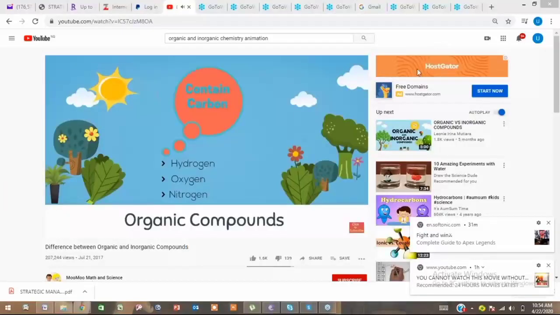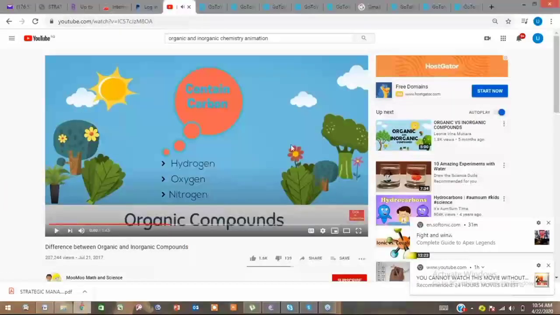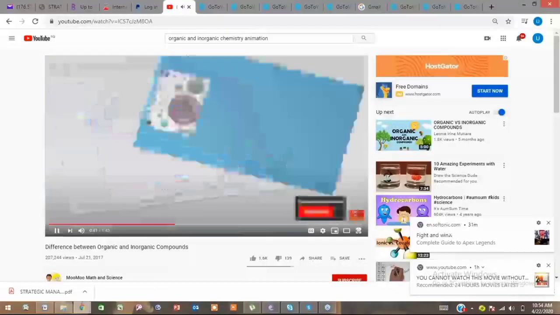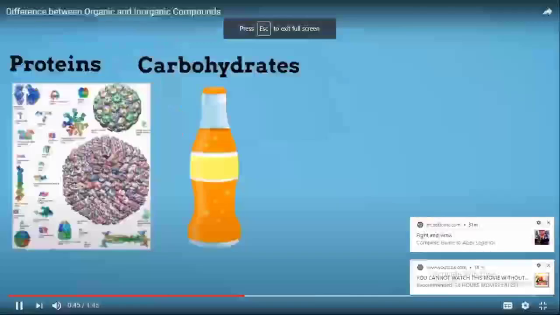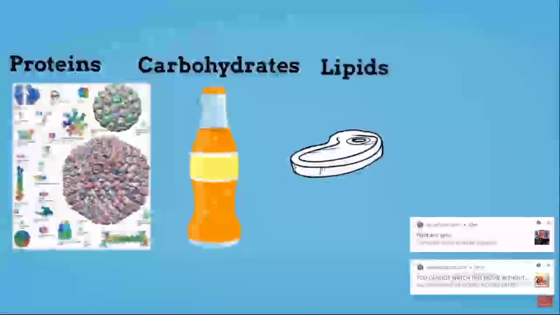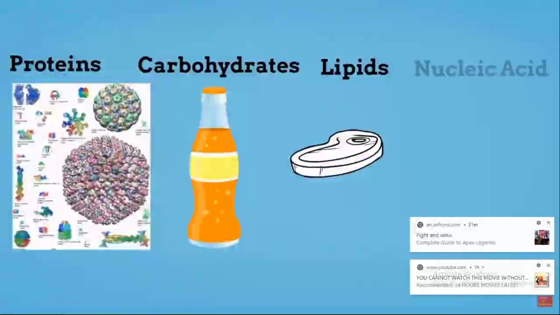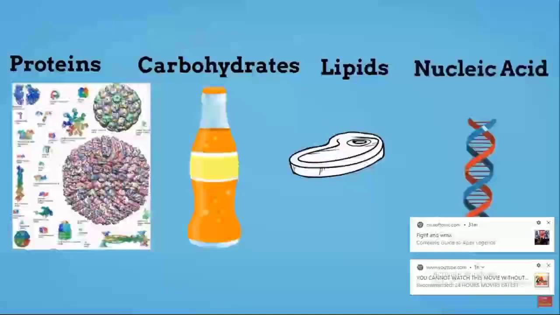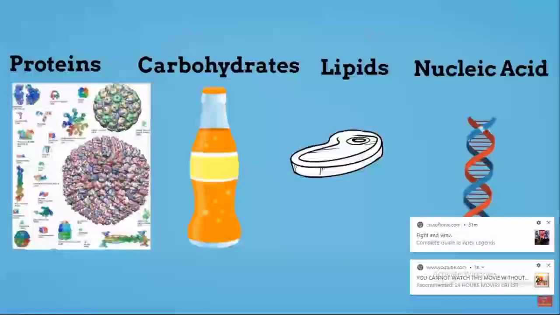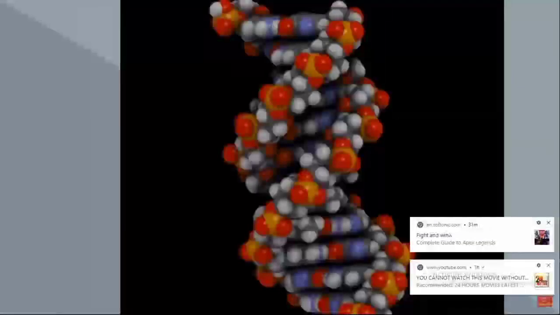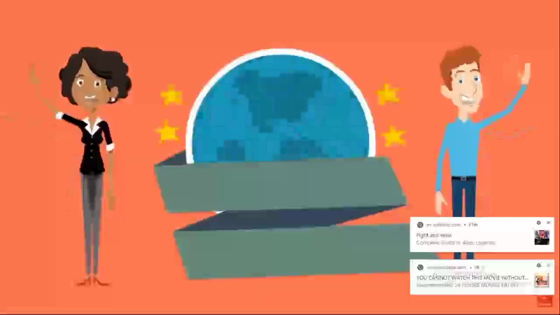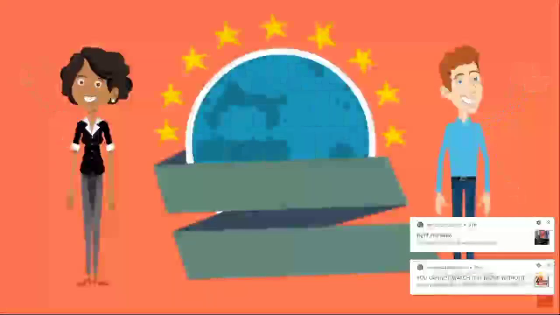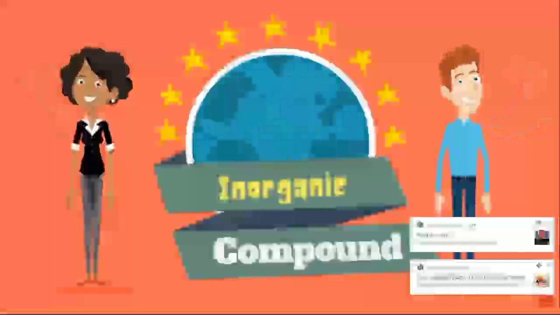Inorganic compounds found in living things. They are proteins, carbohydrates like sugar, lipids, which are fat and wax, and nucleic acids such as DNA and RNA. Organic compounds can be very large and complex. A compound that does not contain carbon and is usually simple is called an inorganic compound.